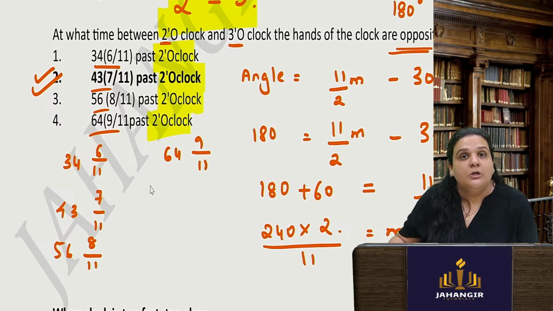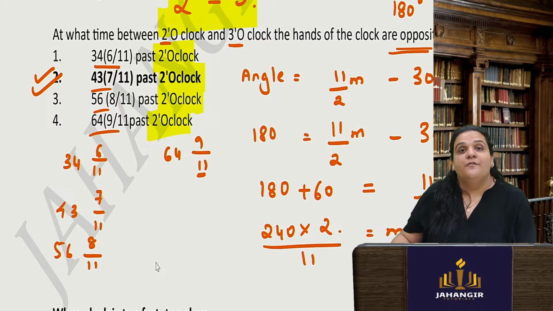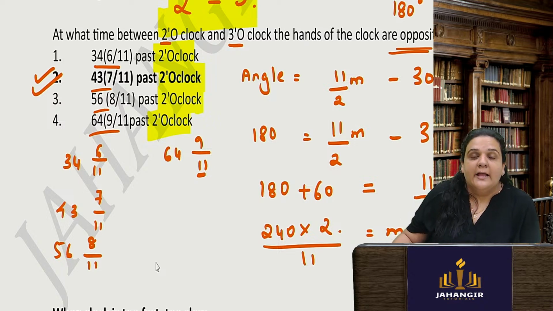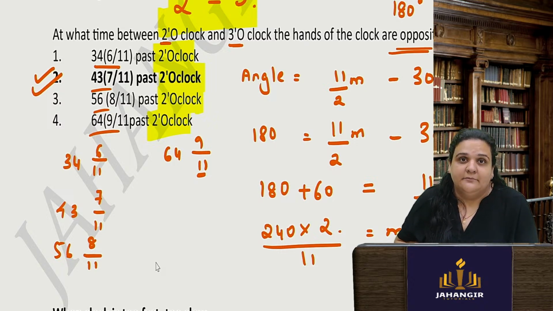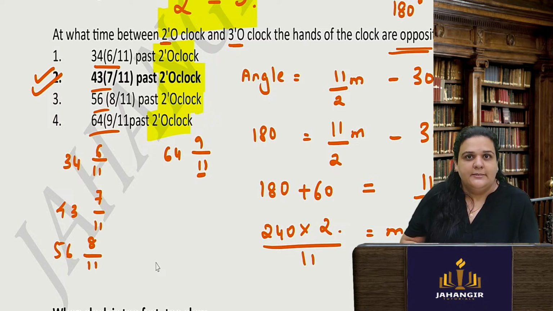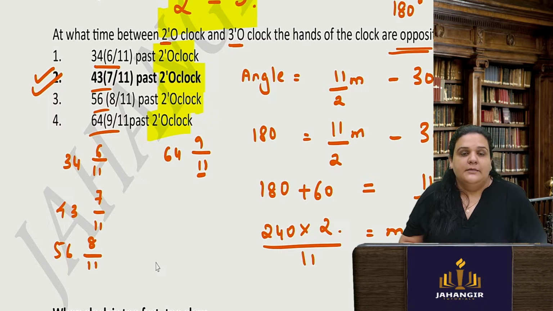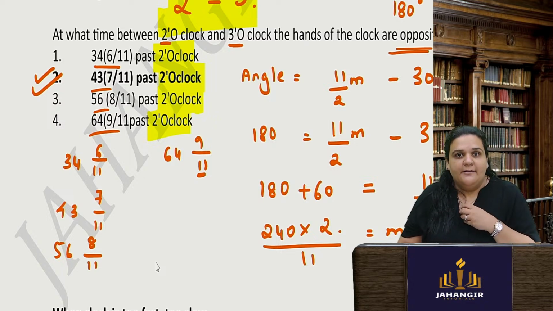Generally whenever we will not know the minutes, 11 will be in the denominator of the fraction. Always whenever the minutes is not known and we are trying to find the minutes with the help of the angle and the hour, 11 will be in the denominator of the fraction. So this is a combined fraction, right?